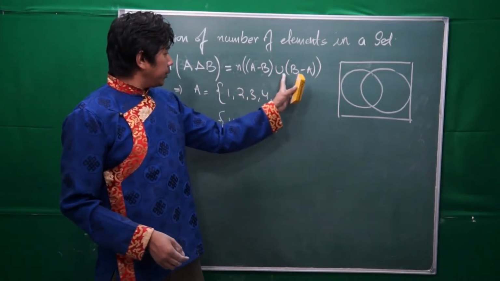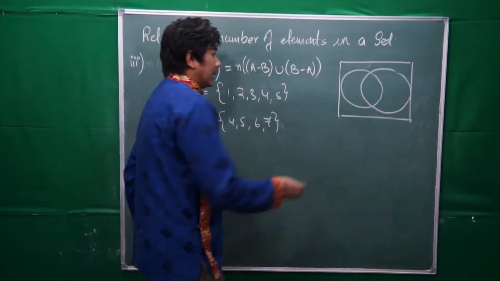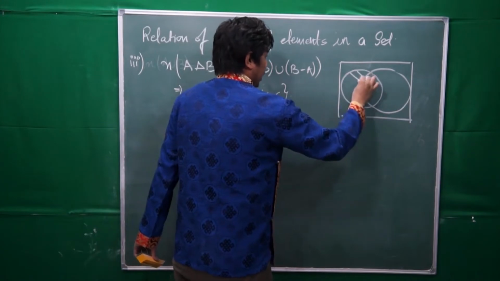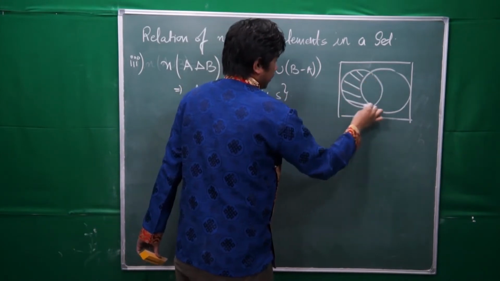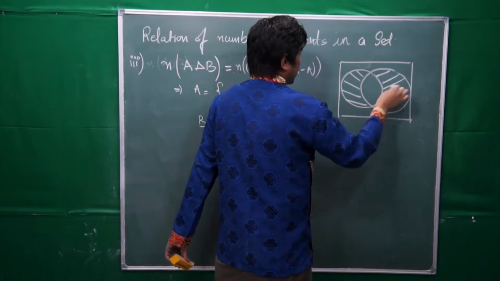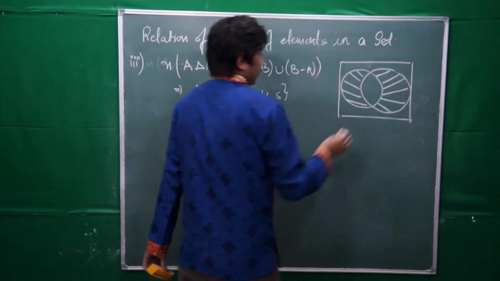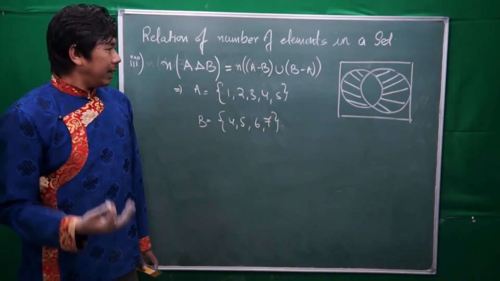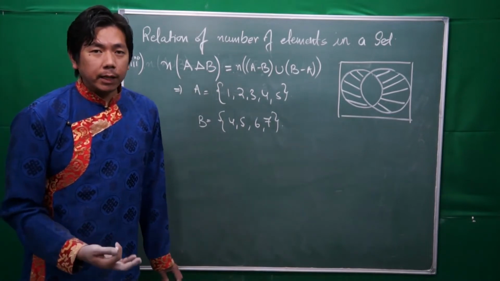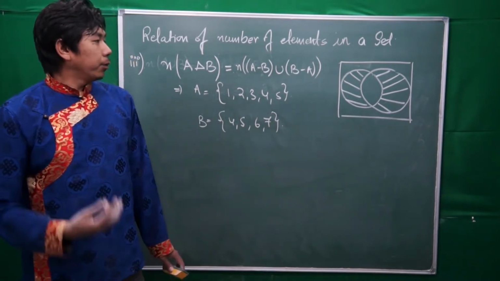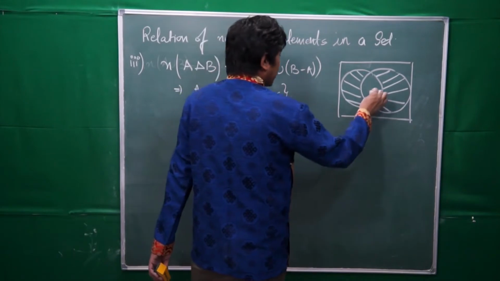A minus B union B minus A represents this part which is shaded. Okay. So clearly you can see which part has to be subtracted. Which part is to be removed is this part.